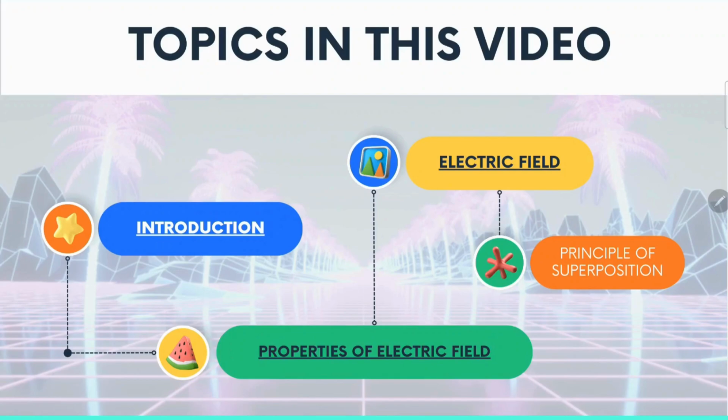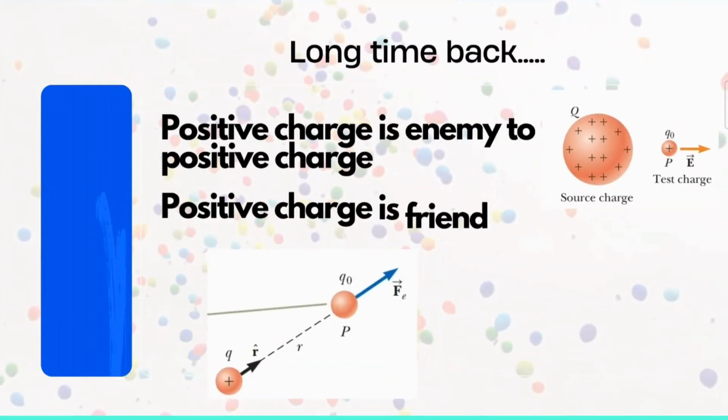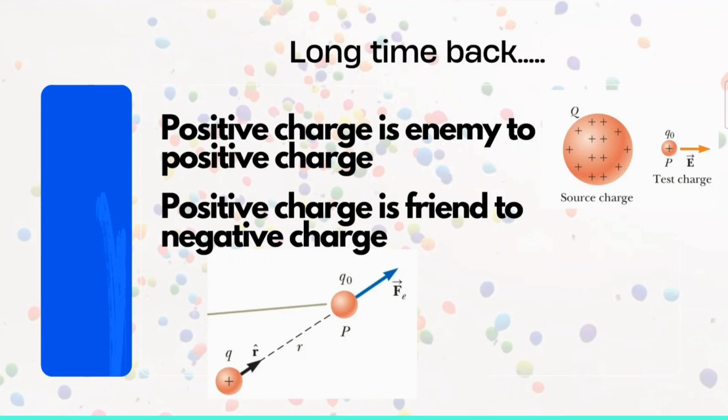So what is that introduction part, the basics of electric field? Let us discuss once. Previously, in the previous video, we discussed that a positive charge and a positive charge will repel each other, so I called them enemies. A positive charge and a negative charge will attract each other, so I called them friends.